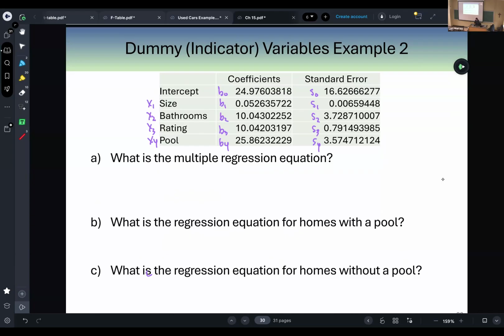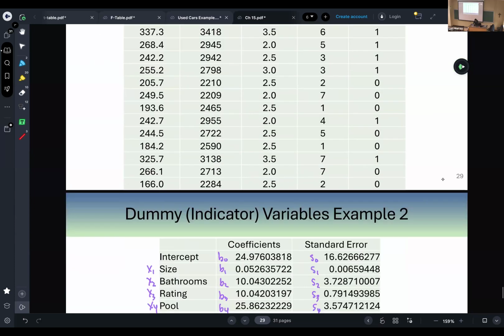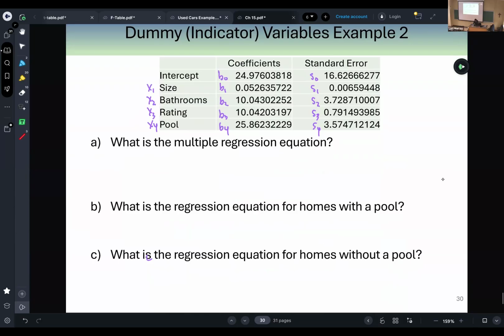So what is the multiple regression equation? You could just call it price in thousands. I'm going to round these, just to get it all in here.